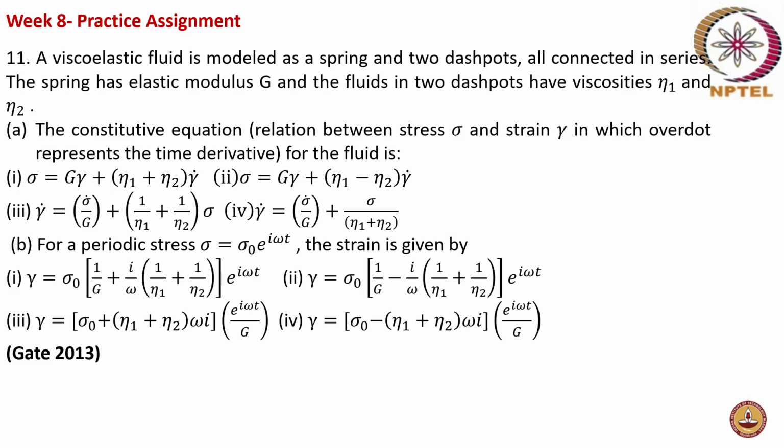There's a second part of the question also. In this second part, they've asked for a periodic stress, sigma is equal to sigma naught into e power i omega t.